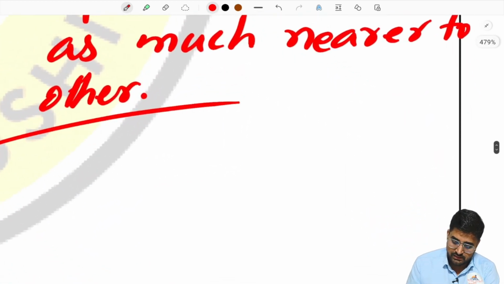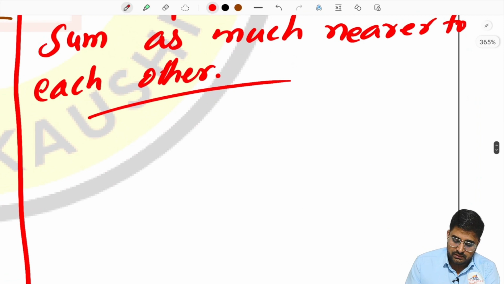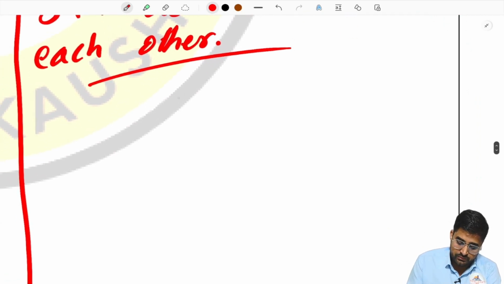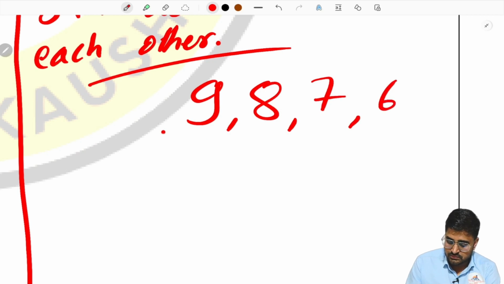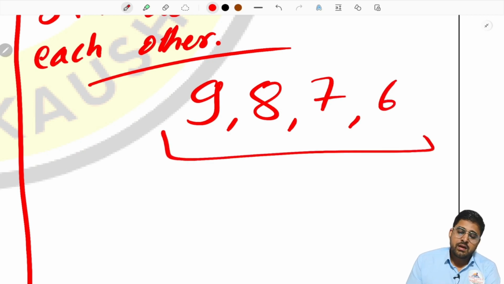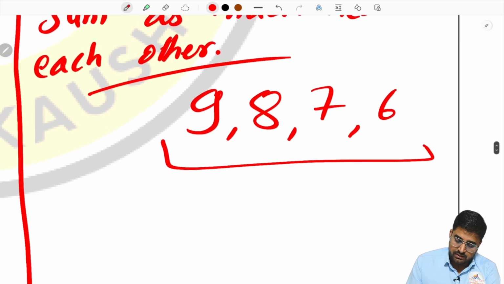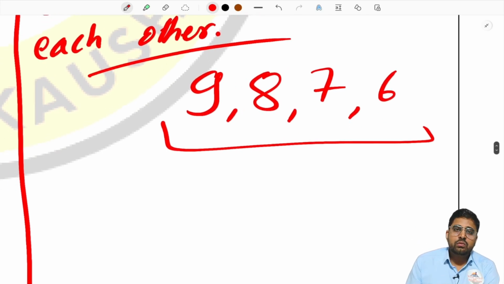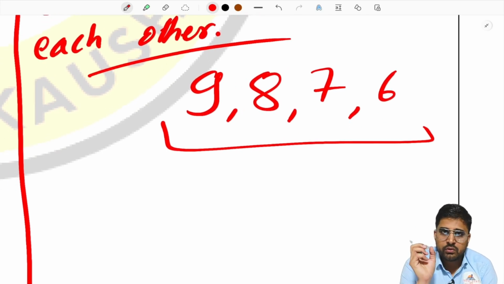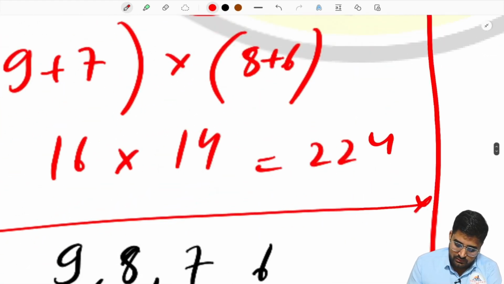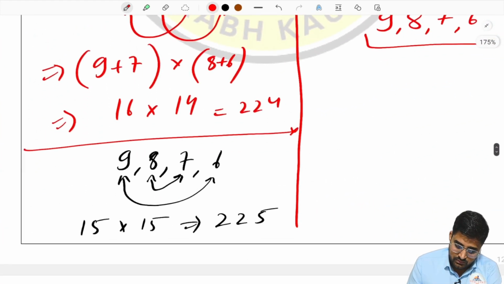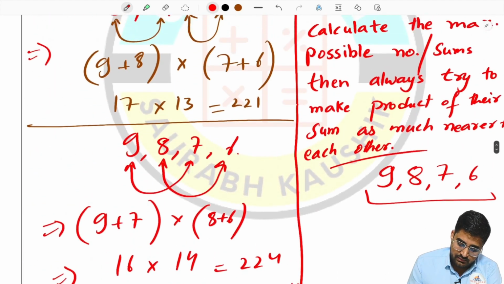What I am saying here is, in this scenario, you have four numbers: 9, 8, 7 and 6. The statement is saying that if you want to get the maximum output, try to keep the numbers as equal as you can.